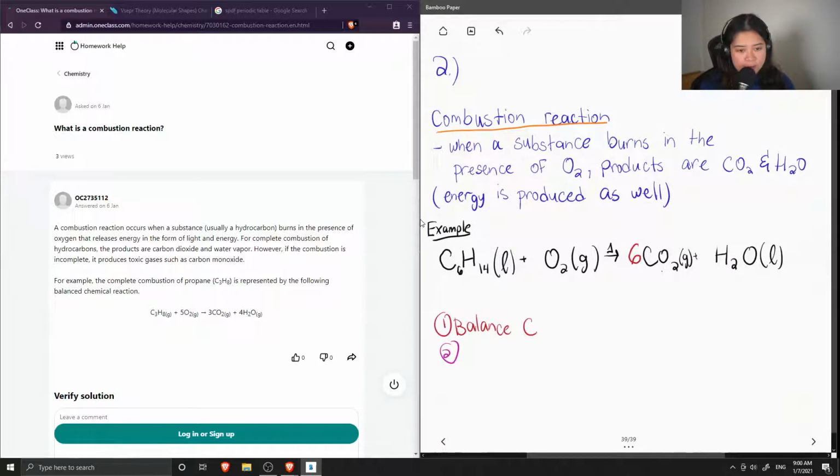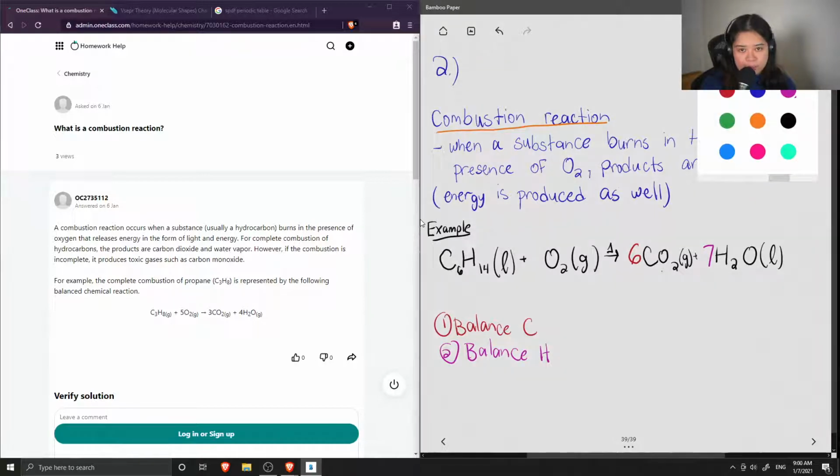After I balance my carbons, I like to balance out my hydrogens. There are 14 hydrogens on our reactant side, so I need to put a 7 in front of H2O in order to balance out all the hydrogens.